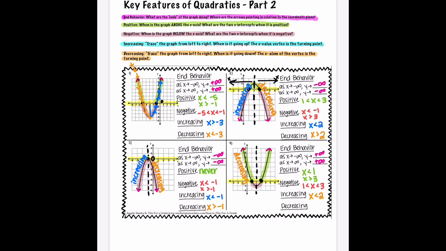And then from the vertex moving to the right, we're going up. Whoops, I just wrote that in the wrong space. Let's move that. Decreasing. There we go. So decreasing was x is less than 2, from the vertex going to the left. And then for the right side, from the vertex going to the right, it's going up. So when x is greater than 2, that's increasing.